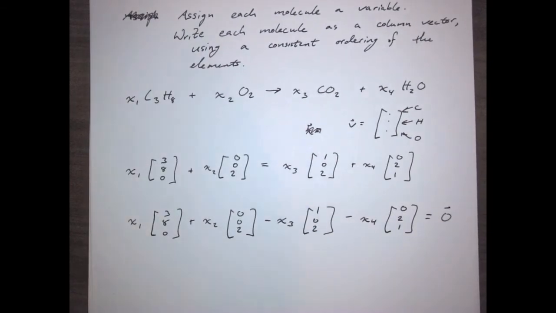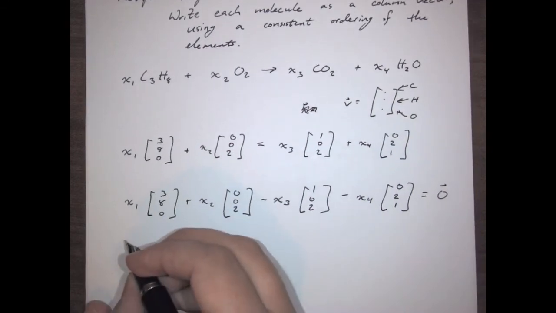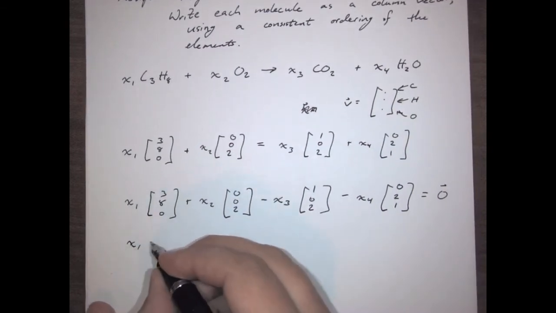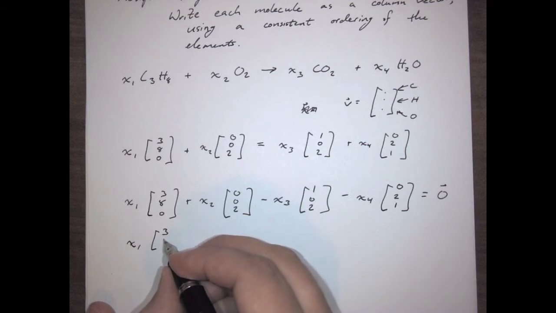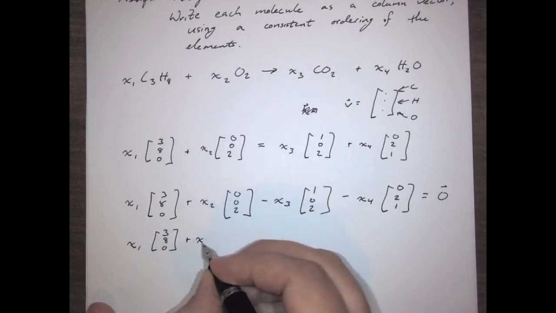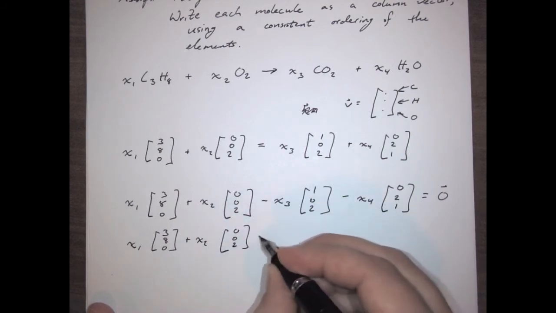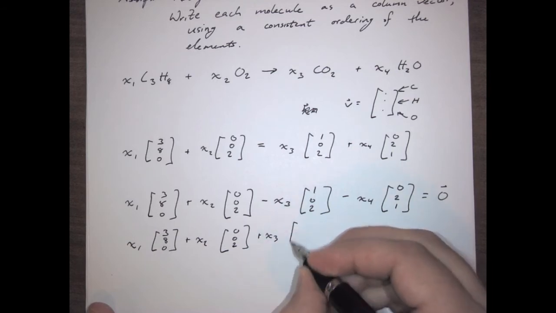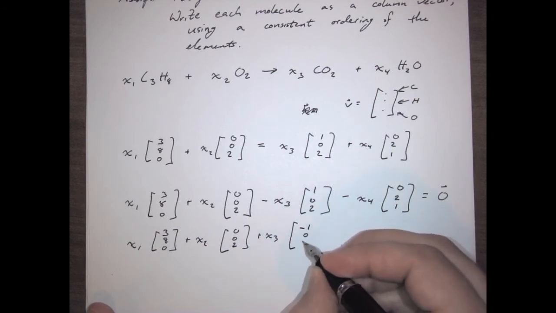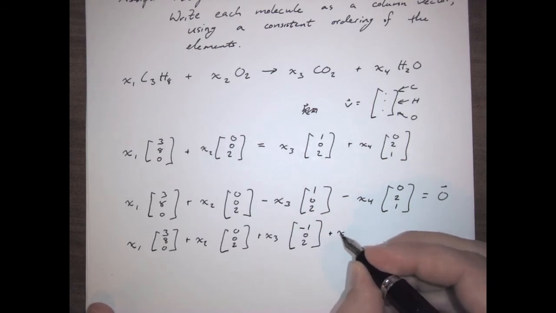Everything's in balance. This still isn't quite standard form. We want it to be plus, plus, plus, plus, so we can distribute in the negatives, and we'll have x1, 3, 8, 0, plus x2, 0, 0, 2, plus x3, negative 1, 0, 2, and then plus x4.